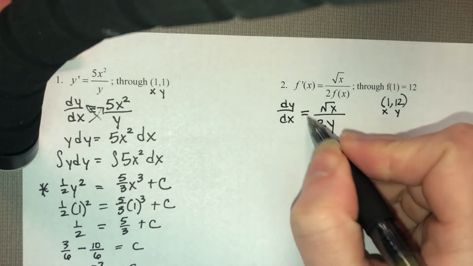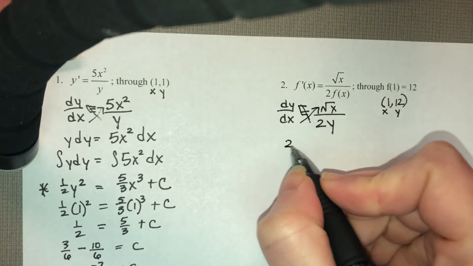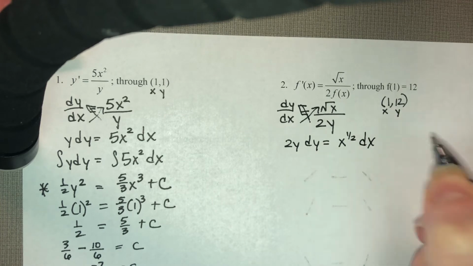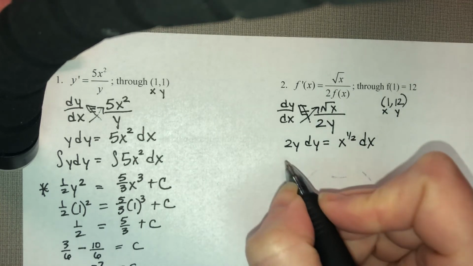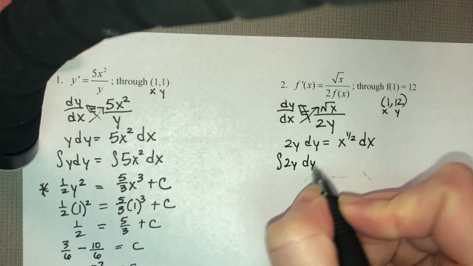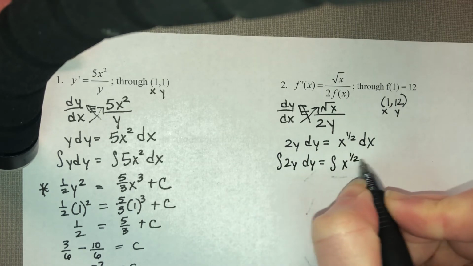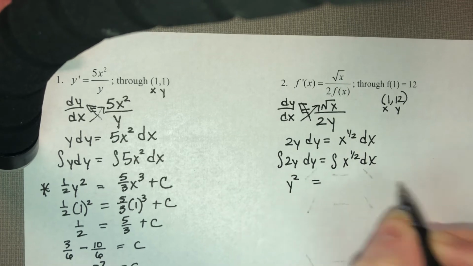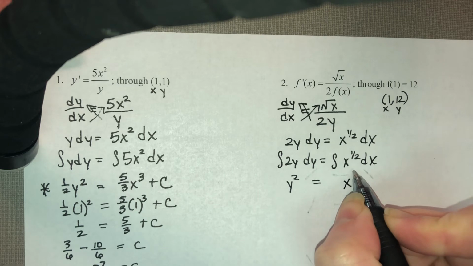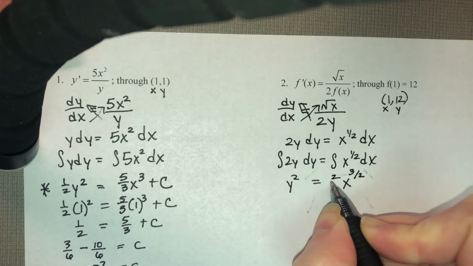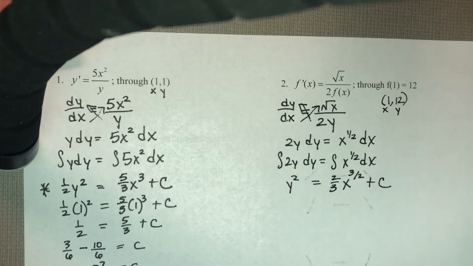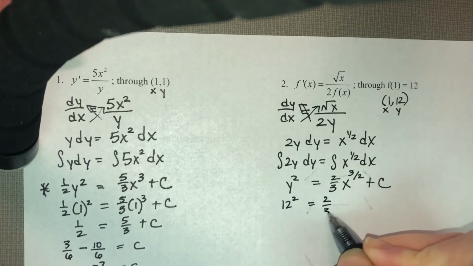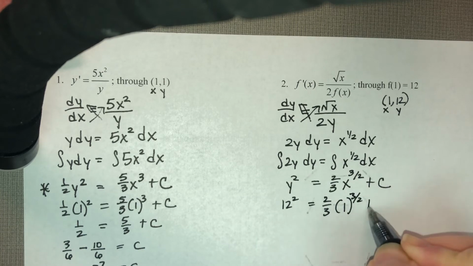So we're going to cross multiply. 2y dy equals x to the 1/2 dx. Separating the variables earned us a point. We're going to integrate both sides. Power rule backwards. Y squared equals x to the 3/2 times 2/3 plus c. We're going to put in a 12 for the y and a 1 for the x.